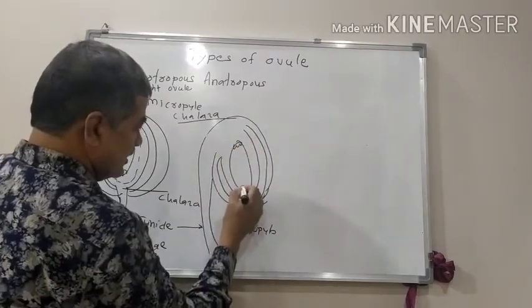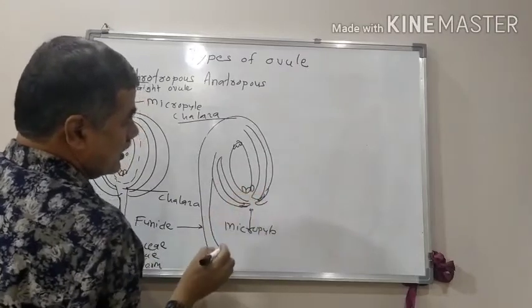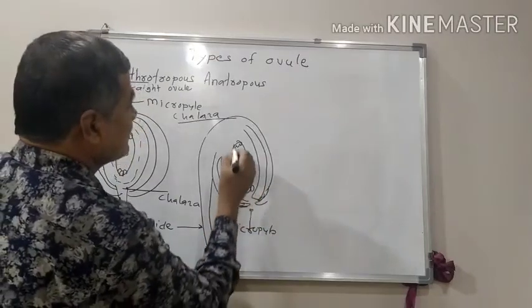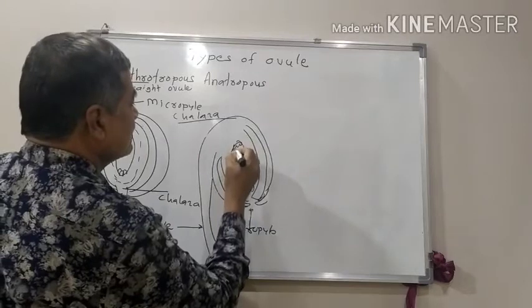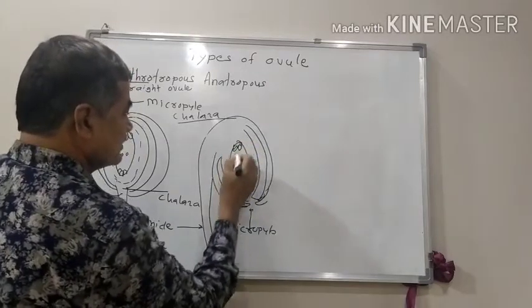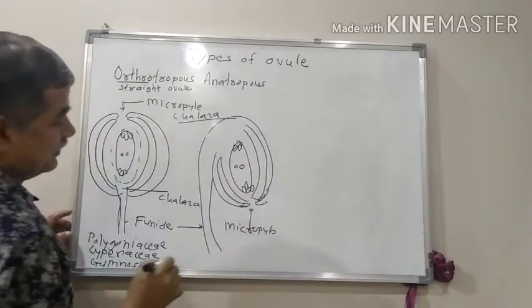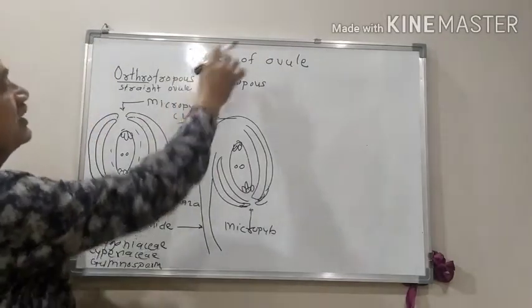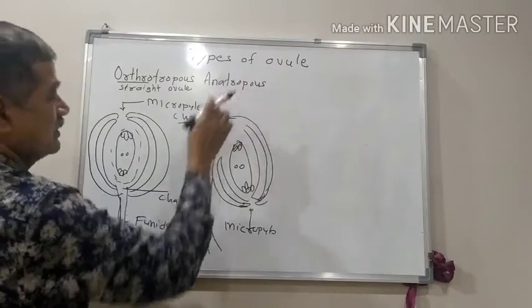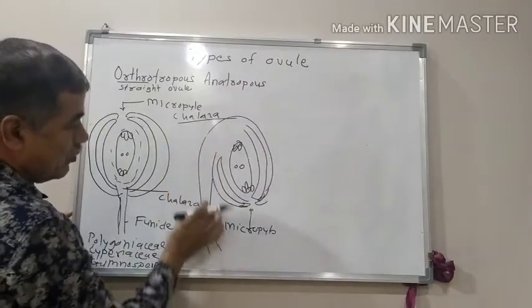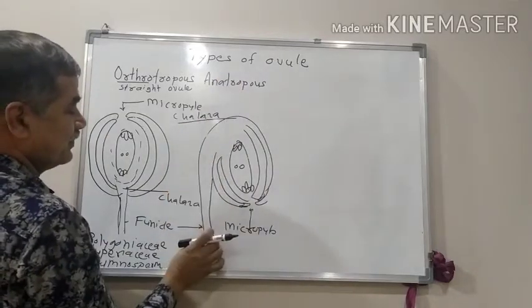Towards the micropyle are the synergids and one larger egg cell. Towards the chalaza end are the three antipodal cells. In the center are two polar nuclei. Hence, in the anatropous ovule the micropyle is not in a straight line.